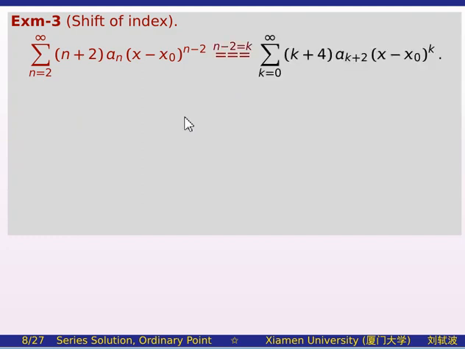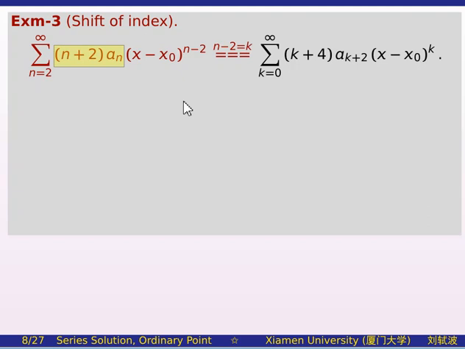So this series can be written in this way. The range of k is now from 0 to infinity, and the power of x minus x0 is now k, because n minus 2 is k. The original coefficient is n plus 2 multiplied by an.